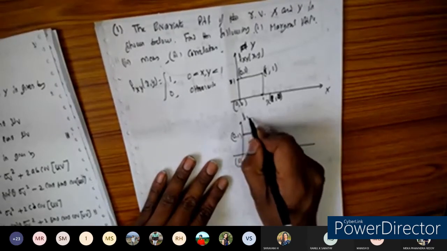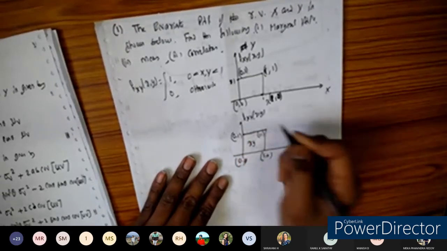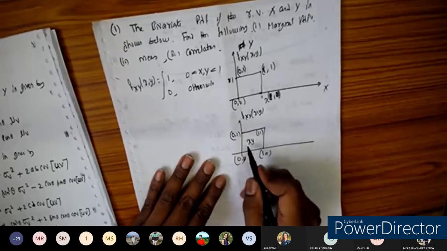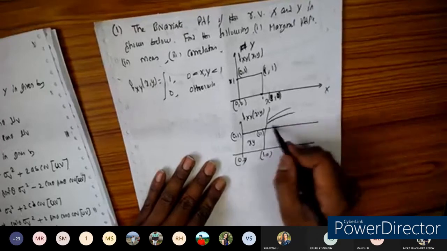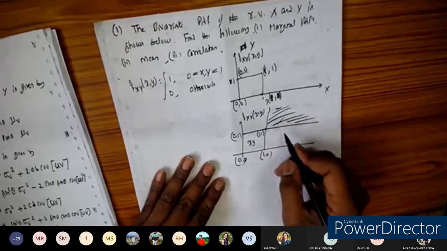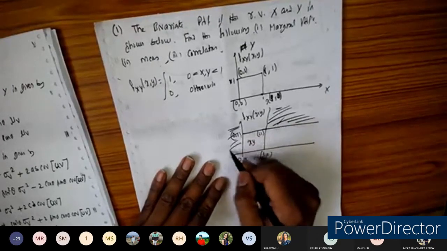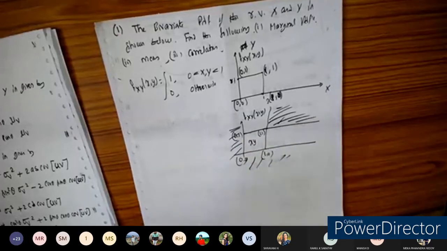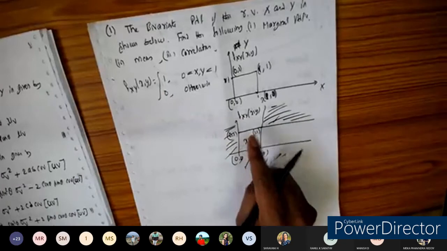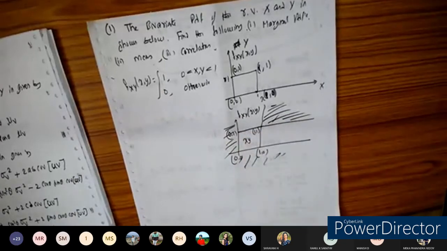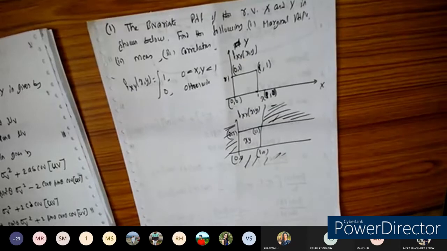This is fxy of x, y. Except this area, the remaining part will be equal to 0. If I drag the line, this part will be 0, and even this portion will be 0. Only the PDF will be defined within this range.